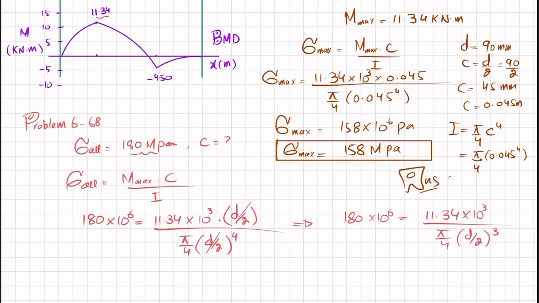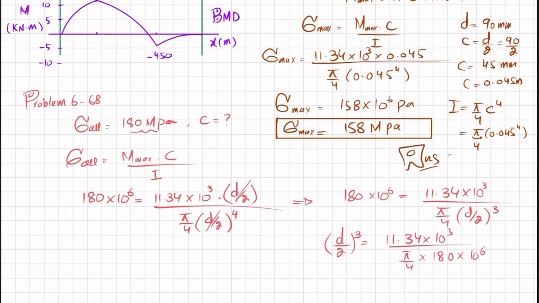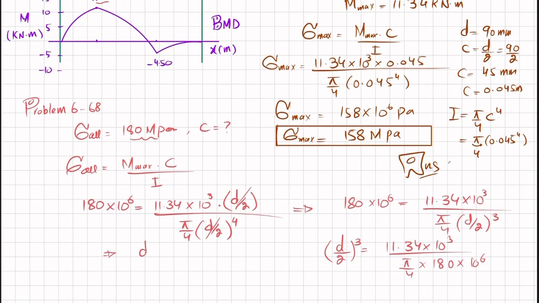Now d by 2 power 3 will be equal to 11.34 into 10 raised to power 3 divided by pi by 4 into 180 multiplied by 10 raised to power 6. And when you solve this, d cube will be equal to 8 multiplied by 11.34 into 10 raised to power 3 divided by pi by 4 into 180 into 10 raised to power 6.